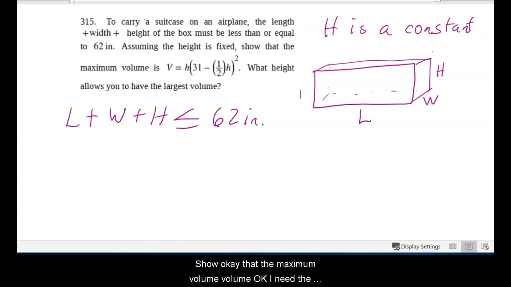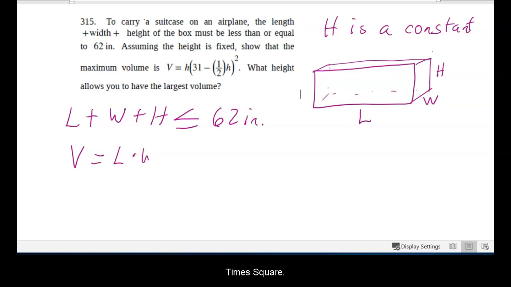Show, okay, that the maximum volume, okay, I need the volume of my box. Well, I know the volume of this rectangular box is length times width times height.